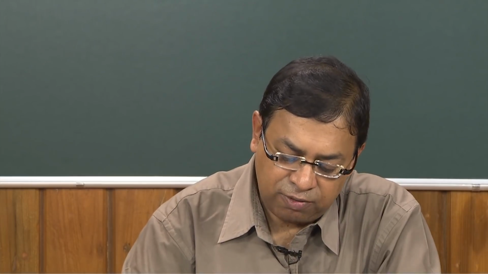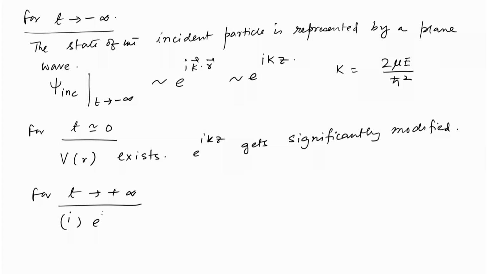It consists of two things. One is the plane wave, which could still remain as a plane wave and not get scattered at all by the detector. And number two, a scattered wave.